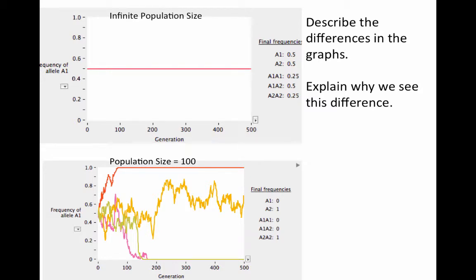Today we're going to talk about evolution, microevolution in particular, and that is evolution that happens below the species level.